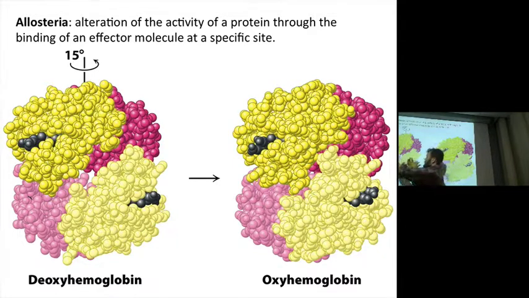The relative orientation of these beta chains with respect to the molecular axis are rotated by 15 degrees going from here to here. So there is a 15-degree conformational shift in going from deoxyhemoglobin to oxyhemoglobin. I'm going to draw your attention to the fact that hemoglobin looks like a donut.